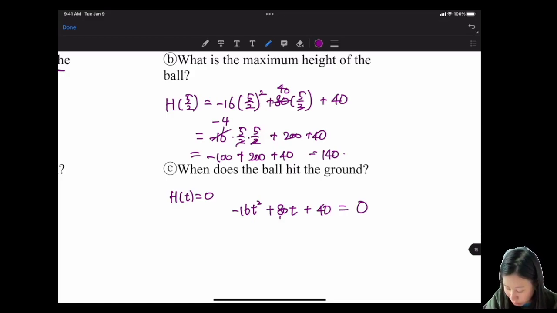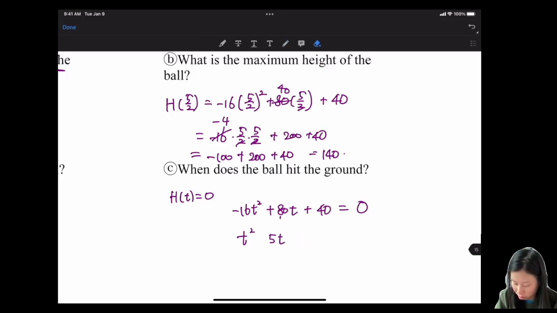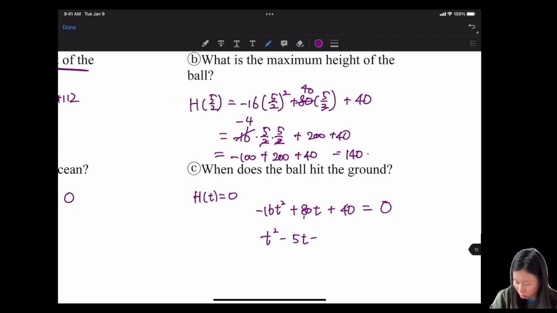Divide by negative 16 on both sides, and I have t squared minus 5t minus 5/2 equals 0.